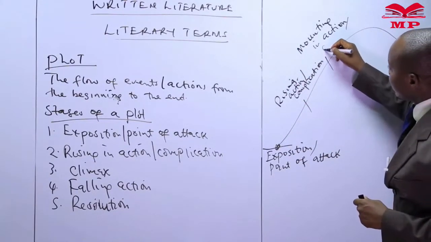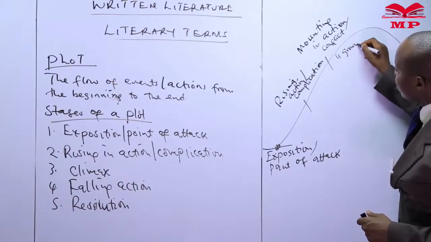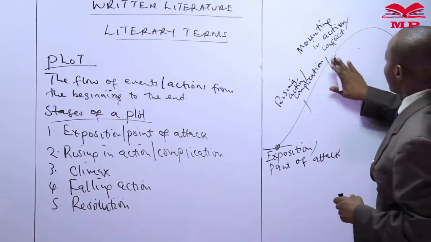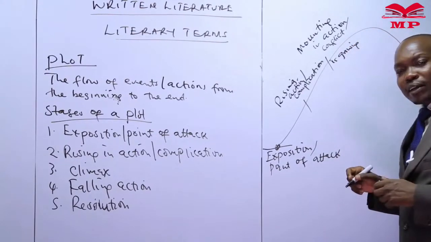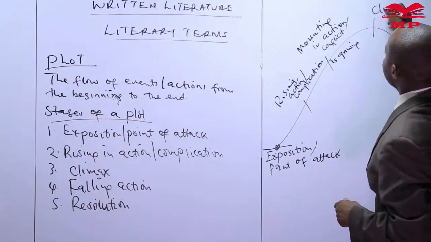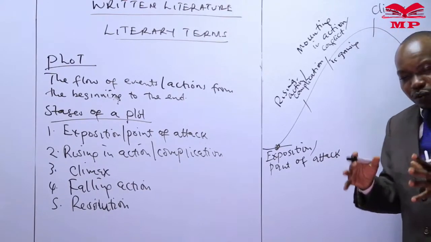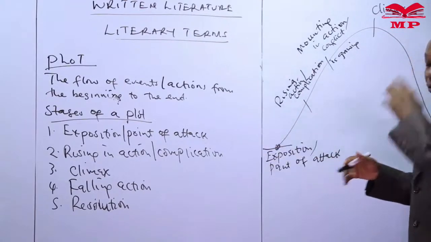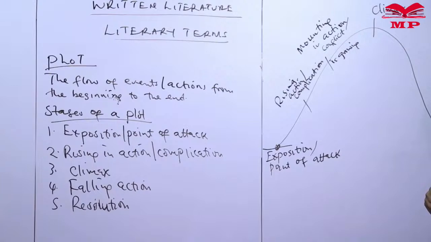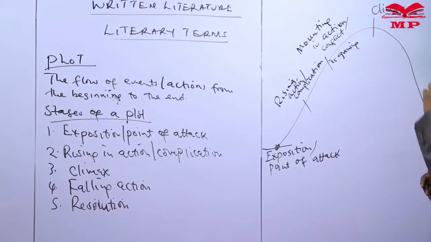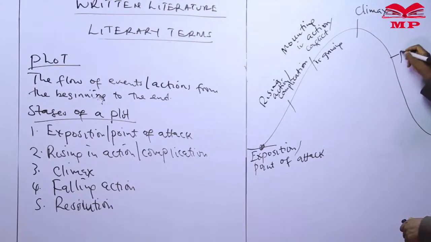Conflict is building, is growing, up to a point whereby it reaches what we call a climax. It will build to a point, a climax. Now this is the highest point. And after the climax, things now have to be resolved, what we call falling action.